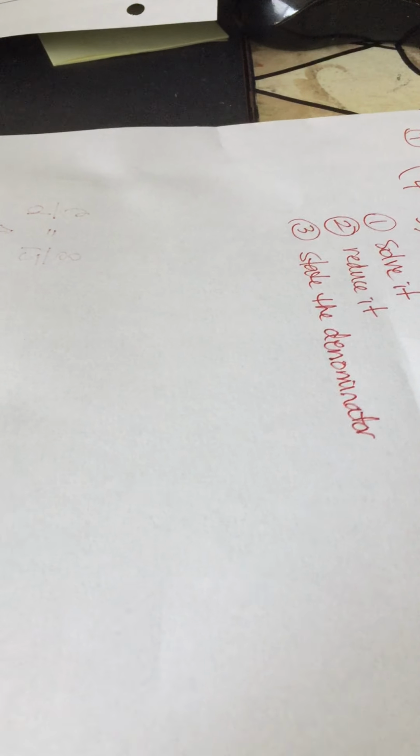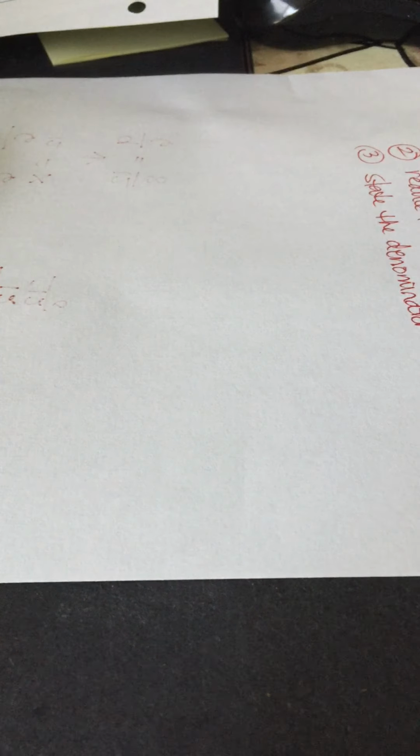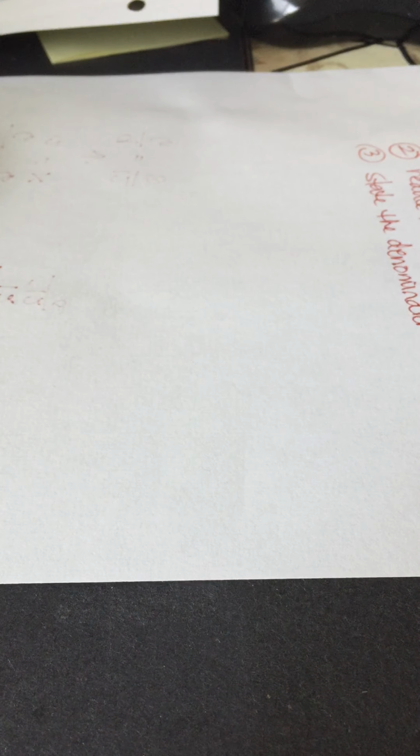It did not say what is the fraction. It says what is the denominator. So we know of a fraction, the top number is the numerator. The bottom number is the denominator. So your answer will be the denominator for this problem, okay?